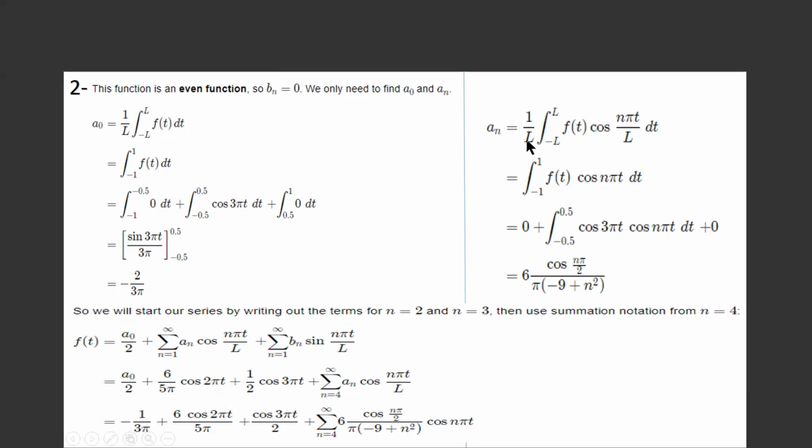So you replace n equal to 1 here. So this one will be cosine 3 pi t times cosine pi t. Can you find the integration by your calculator from minus half to half? Cosine 3 pi t times cosine pi t, with n equal to 1. How much will it be? If you have a calculator, please do it.